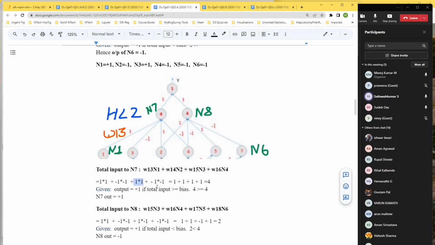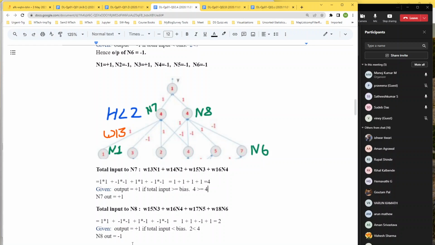Third case, again +1, so it's 3. And fourth case, N4 is -1, so 4. 4 equals 4, so the output is 1. I thought N4 was +1. Fine. Likewise, we are going to calculate for N8.